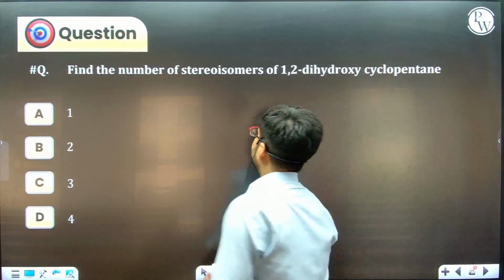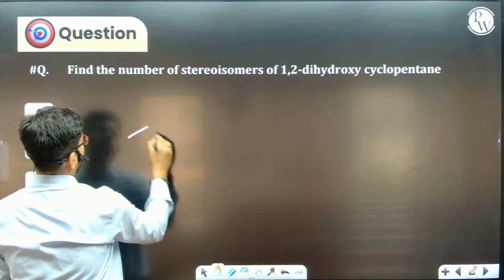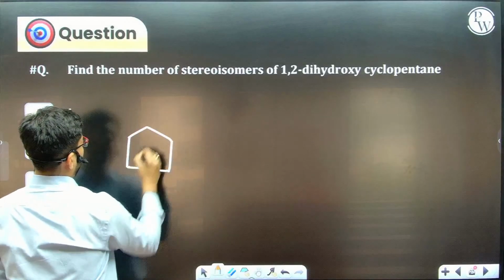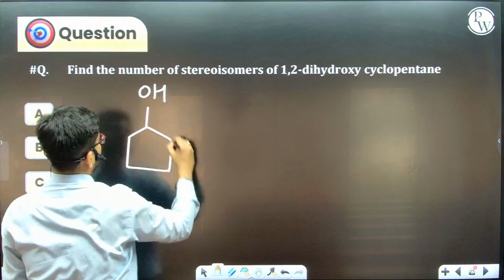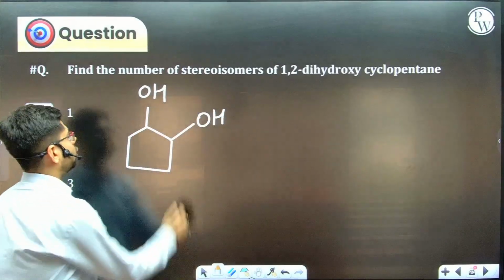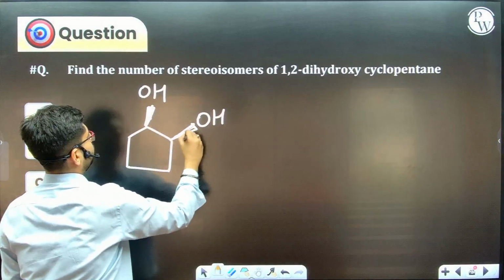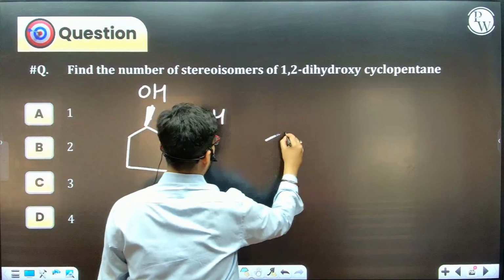Find the number of stereoisomers of 1,2-dihydroxycyclopentane. Okay, so let's draw 1,2-dihydroxycyclopentane. Now let's start drawing the stereoisomers. If I am putting both OH groups on wedge, this is one stereoisomer.